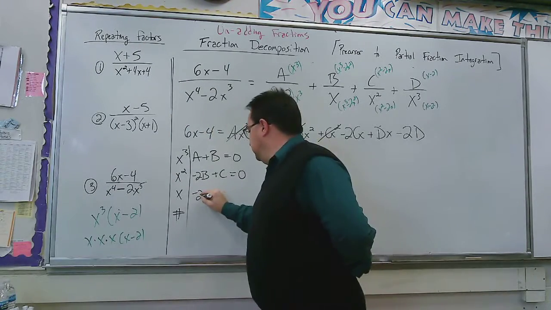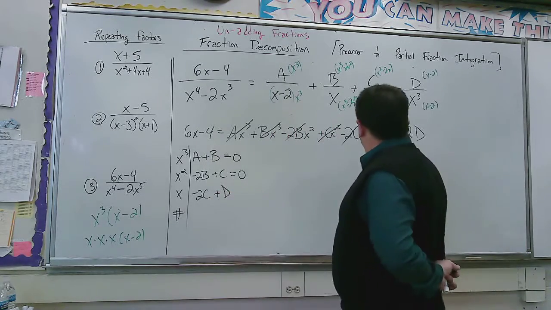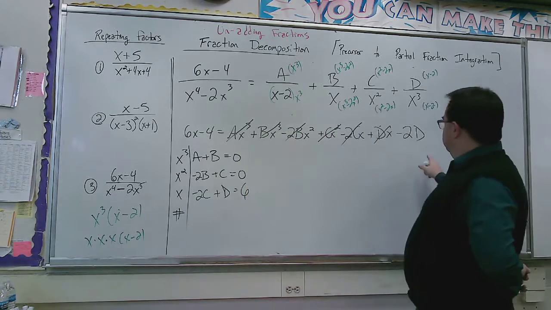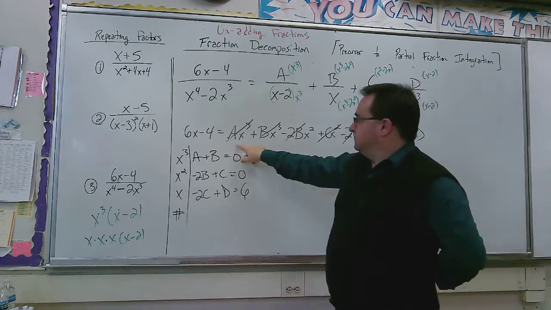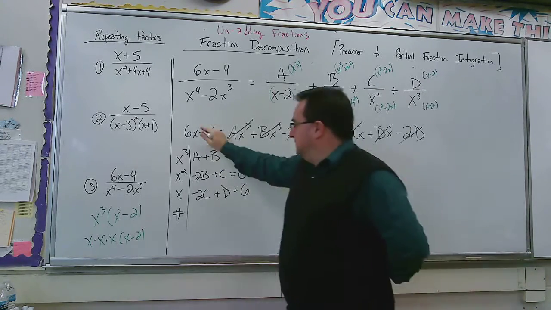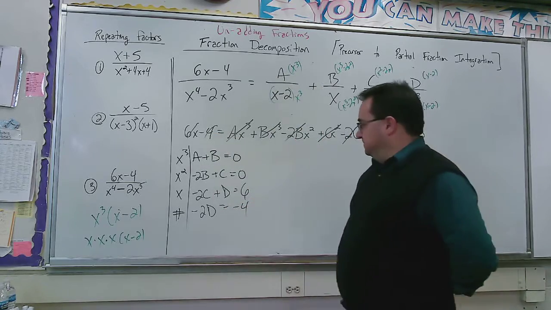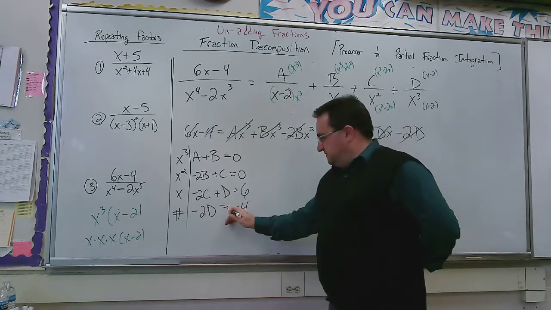Minus 2C plus D equals 6. And finally, minus 2D equals minus 4.